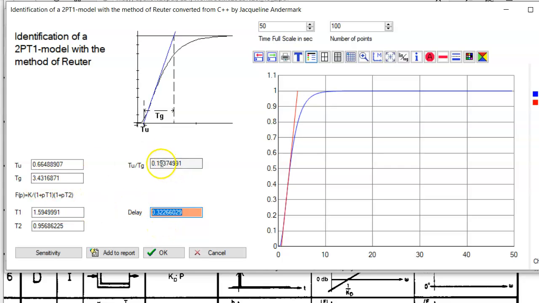If the ratio is larger than 0.104, then this program automatically adds a delay time. So the TU is separated into two parts. One part goes into a delay, the other part goes into the 2PT1 model. So this is a very simple way. Just start this program, click on this menu point, and then type in your both measurement values, and the rest comes automatically for your system.